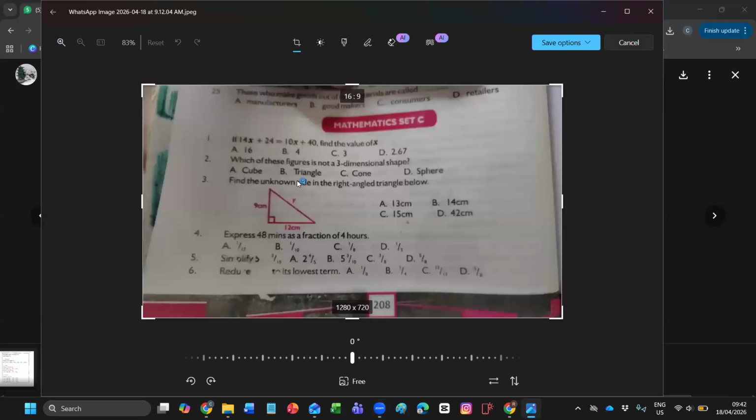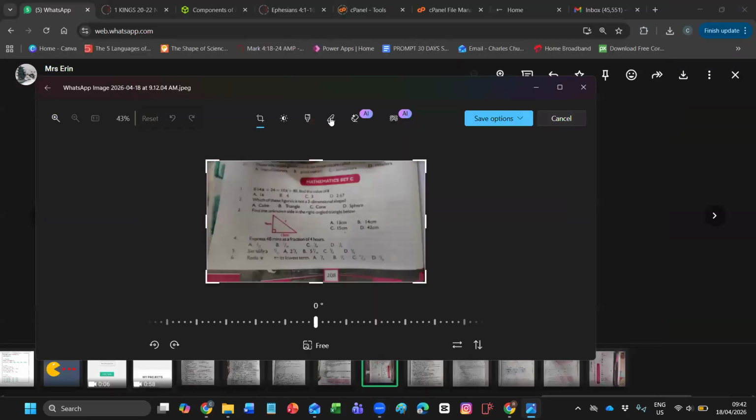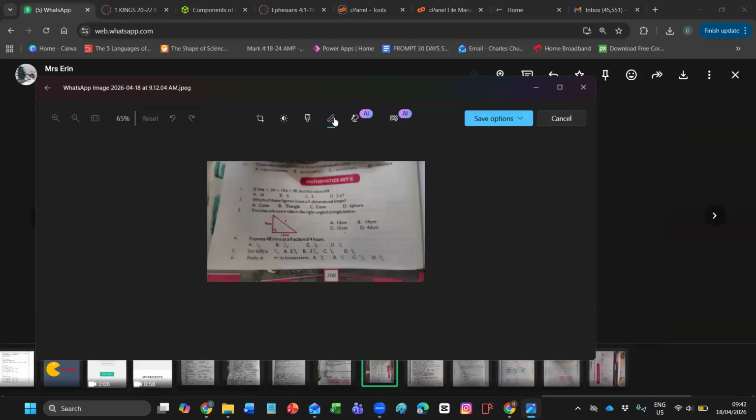Don't tell me what Favor said. A cube. A cube has 4 sides. No, wait. A sphere. It is a sphere. No, a triangle.